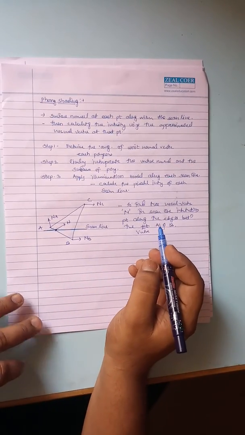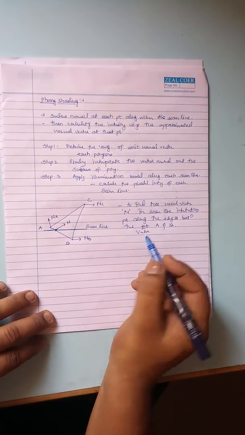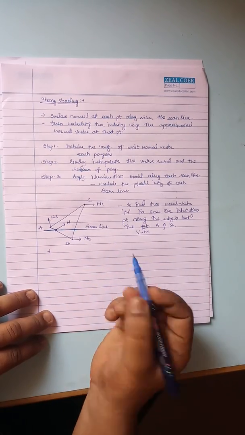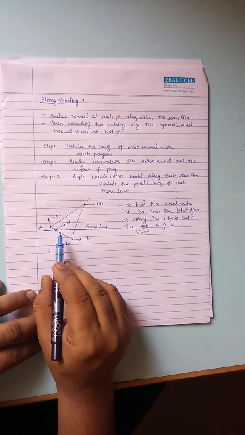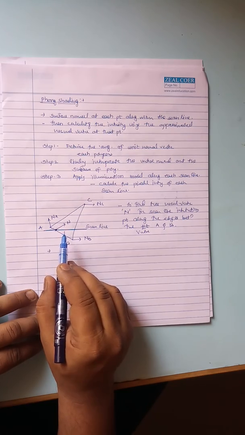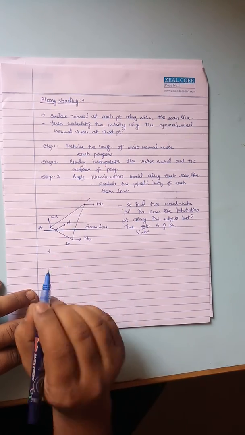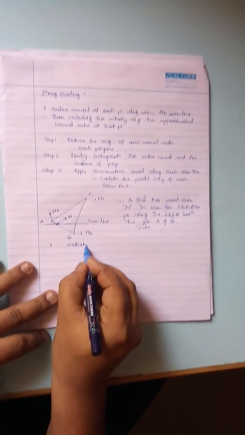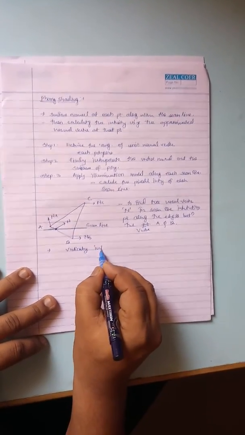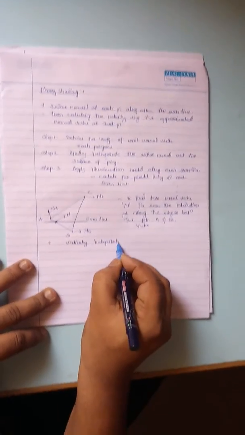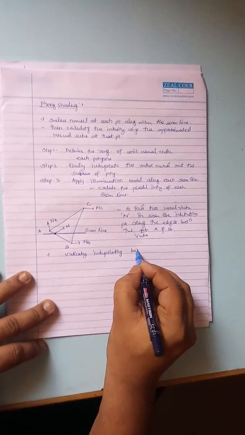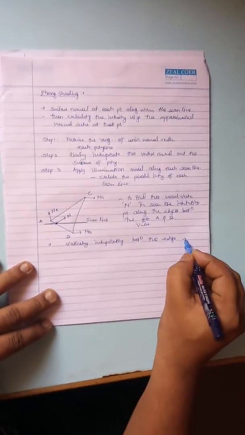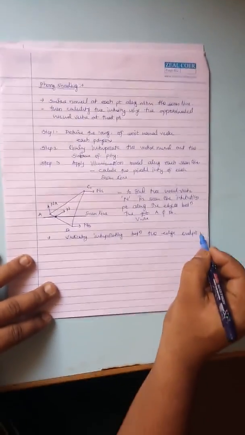This point can be obtained by vertically interpolating between the endpoint normals.